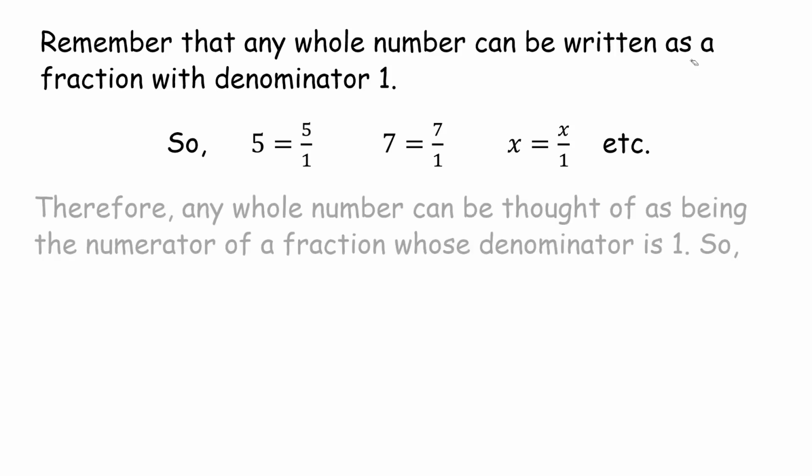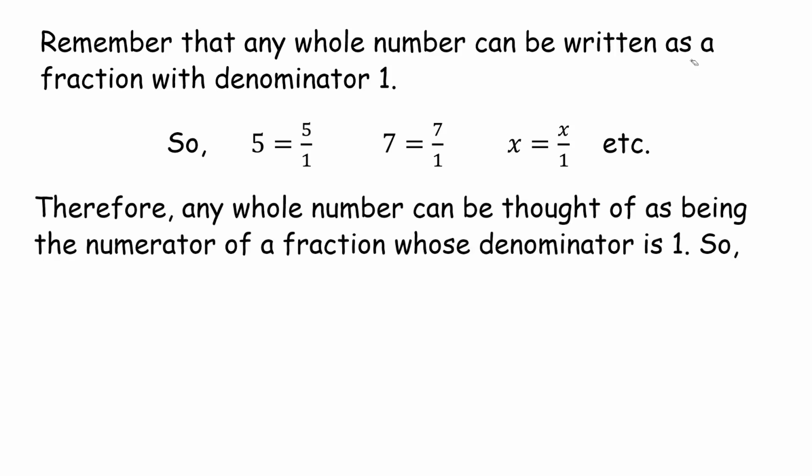So what that is telling you is that whenever you have a whole number, you can just think of it as being the numerator of a fraction whose denominator is 1. So if I multiply 7 over x times x, that x is in the numerator. So that numerator and denominator cancel, and I just have 7.